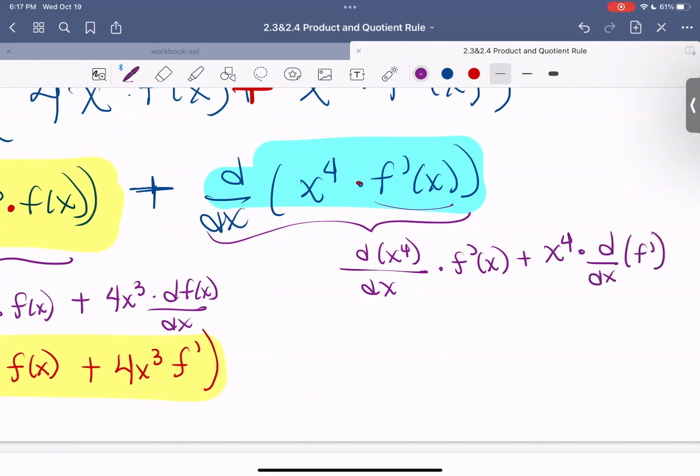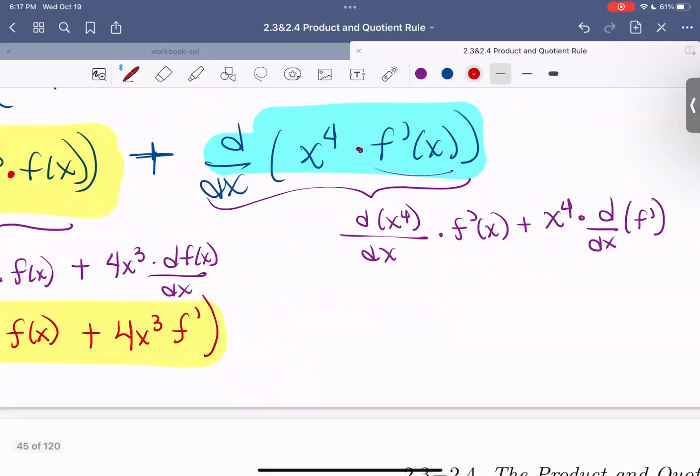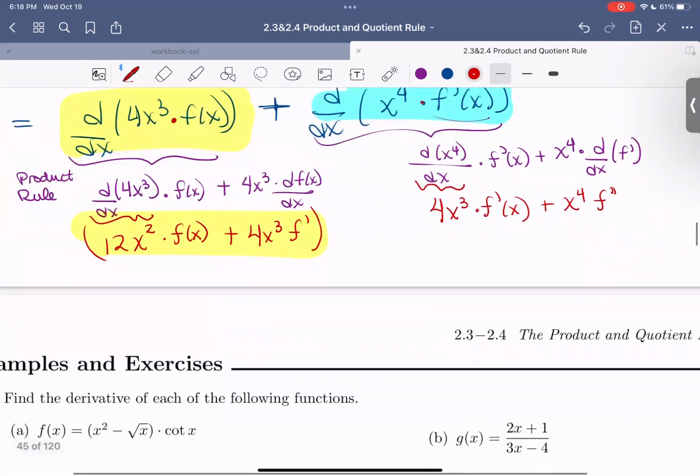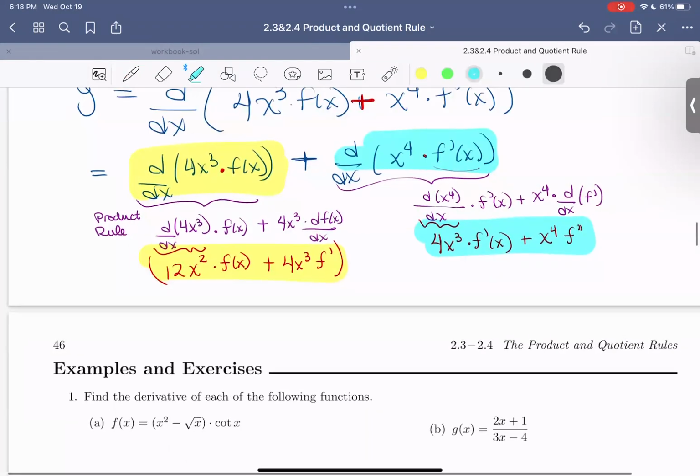So that's the derivative of the derivative. So now we can compute these further. So the derivative of x to the fourth is just 4x cubed using that power rule times f prime, plus x to the fourth times the derivative of f prime, which is just f double prime. So now we have that second term.